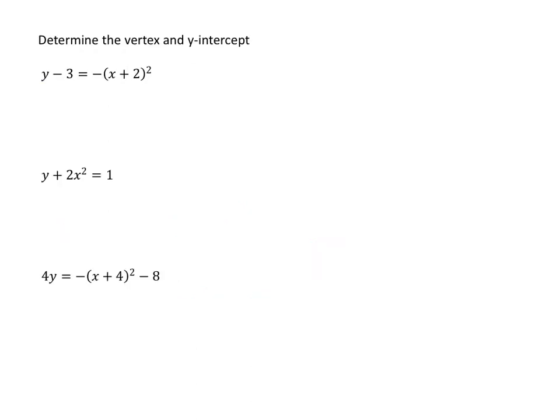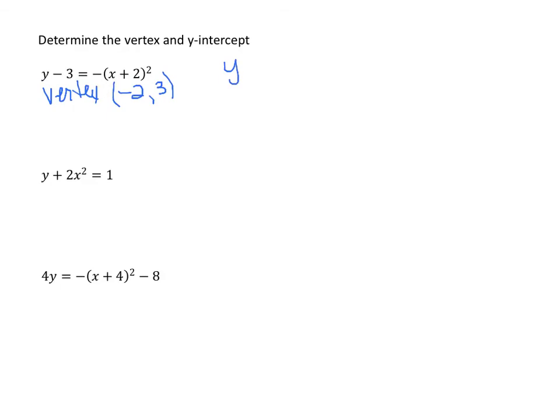For these problems, you're asked for vertex and y-intercept. Vertex is going to be pretty simple. Here the vertex is -2, 3. Y-intercept is harder. You're going to have to put this in, actually you just plug in a 0 for x and solve.